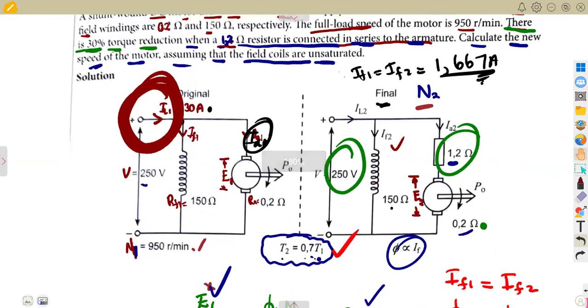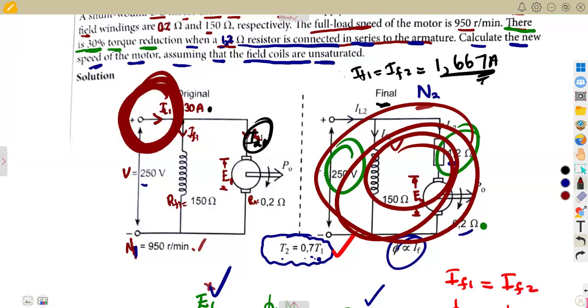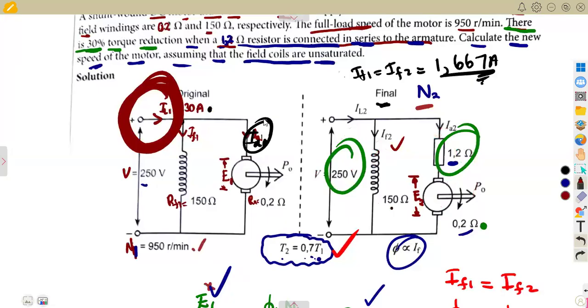The conditions that you are given are the ones that will affect the final diagram. And this final diagram affects your calculations of the final circuit, which is the final field current, if it is to be calculated, and the generated EMF of the final circuit.